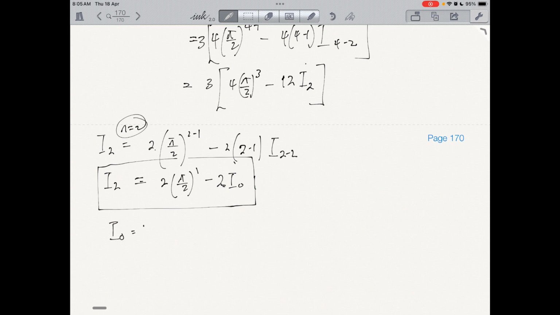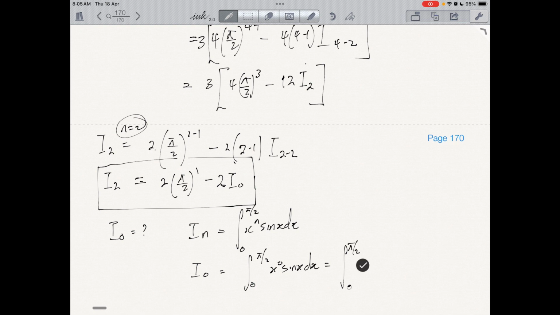So I naught is what? We know that In is the integral of x raised to the power n sine x dx from 0 to pi over 2. So now let's make our substitution of n equals 0. So I naught is the integral from 0 to pi over 2 of x raised to the power 0 sine x dx. So this is the integral from 0 to pi over 2 of sine x dx, because x raised to the power 0 is 1.